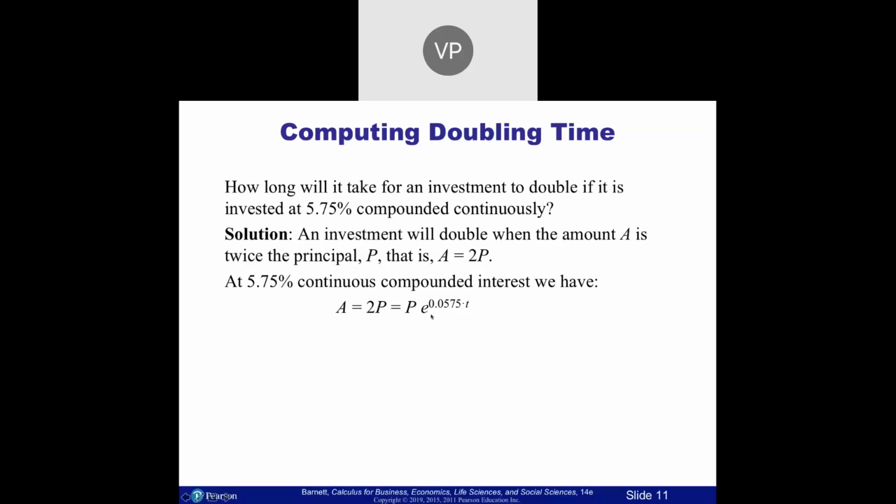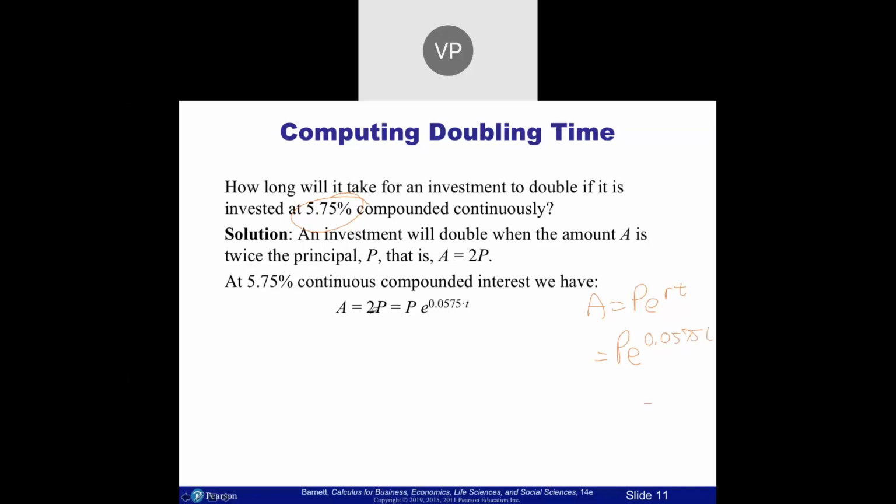So this right here on the right, this is what we're looking at. 2P equals, and again, they're going to miss a step here, so I'm going to write this over to the side. Okay, so this is my initial formula first. We know this, and remember, we don't put in that amount right there. We put in the 0.0575 for r.